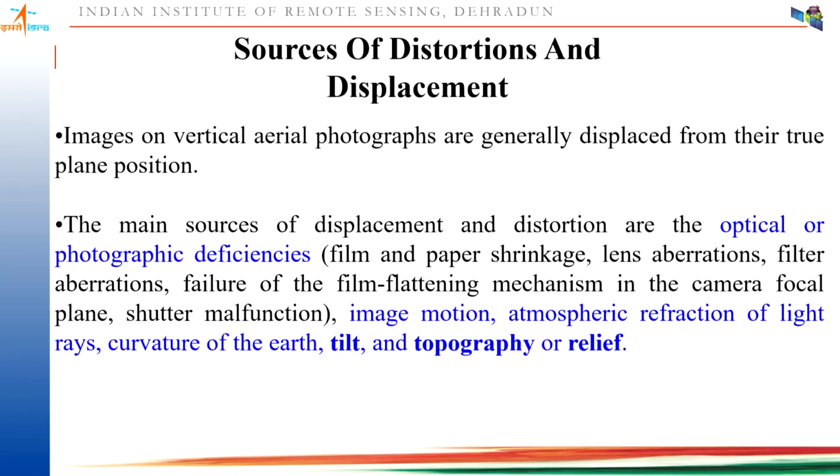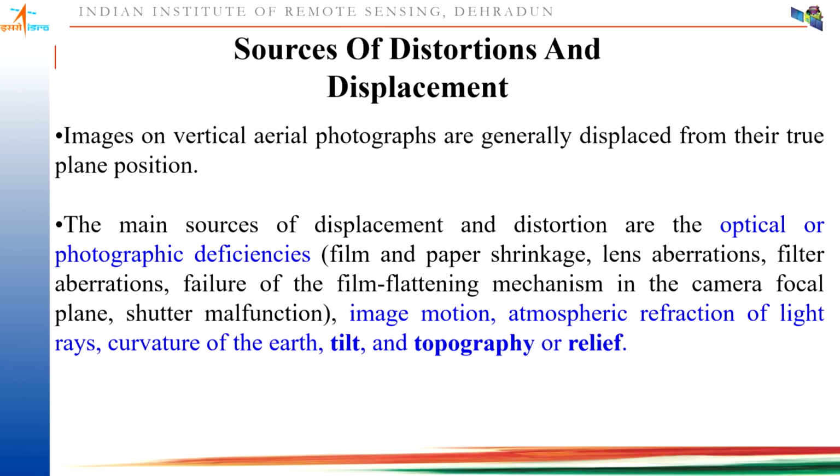So, the main sources of distortions or displacements can be optical or photographic deficiencies. The film and paper shrinkage may be there. There can be some error because of lens, because of filter, because of failure of film flattening mechanism, because of image motion, because the camera is moving while capturing the photograph, because of atmospheric refraction of light rays, curvature of the earth, tilt or relief.